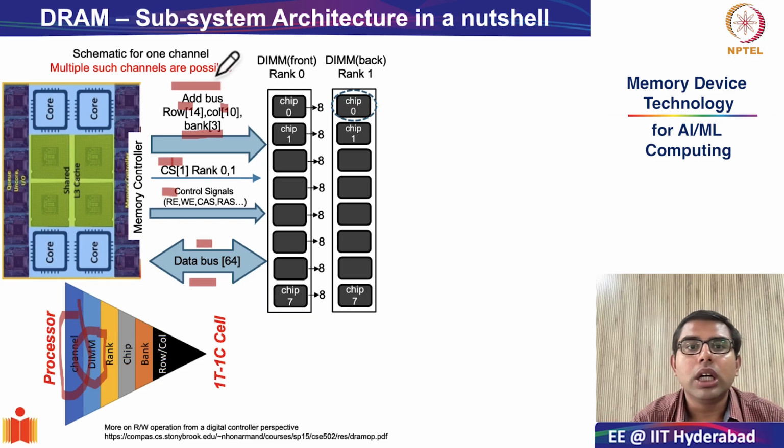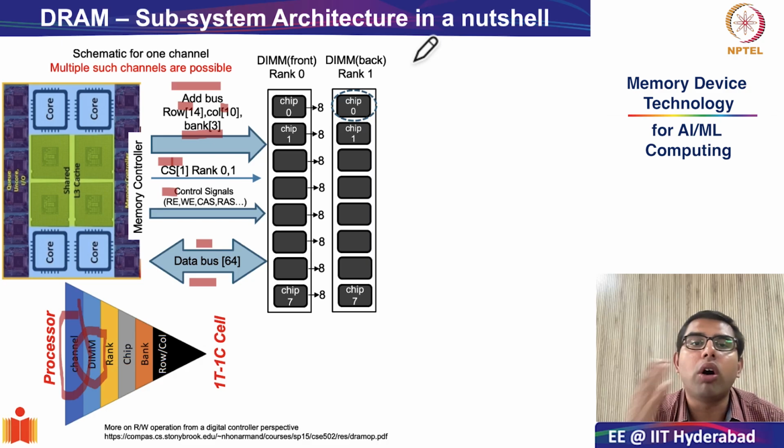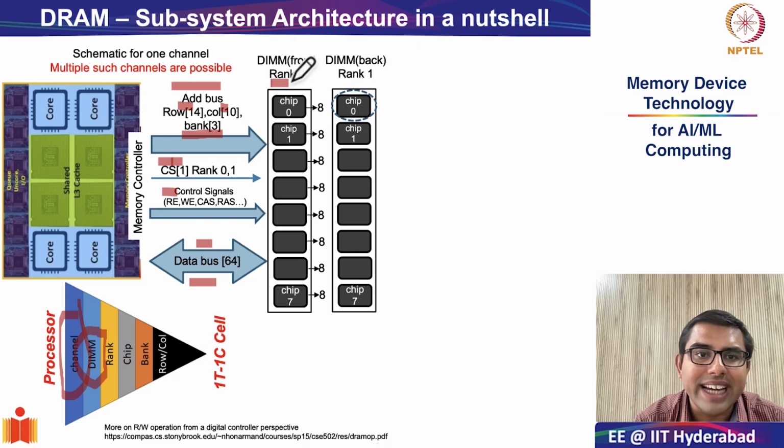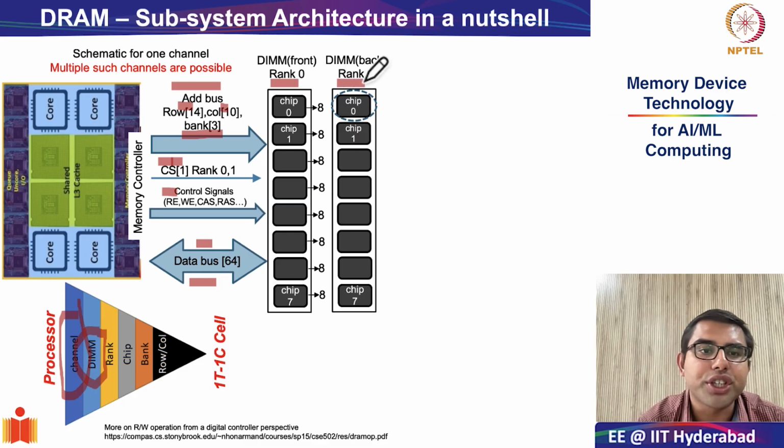One side consists of 8 chips, and the other side, the back side, also consists of 8 chips. The chips on the front side are generally given the rank of 0, and those on the back side are given the designation of rank 1.